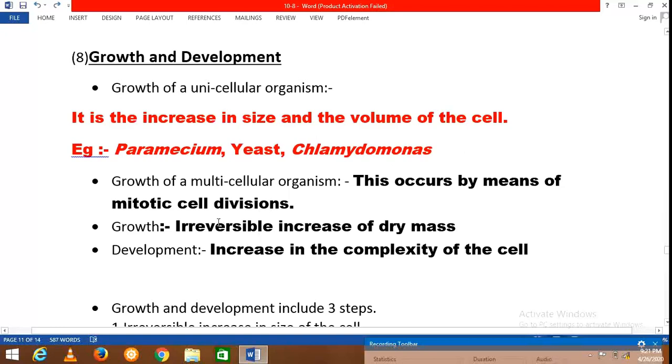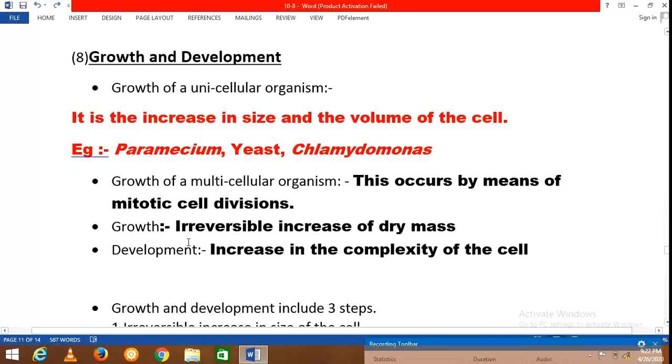If you think of yourself, you have undergone growth as an irreversible process. You can't be that small child again. So remember, growth is the irreversible increase of dry mass.